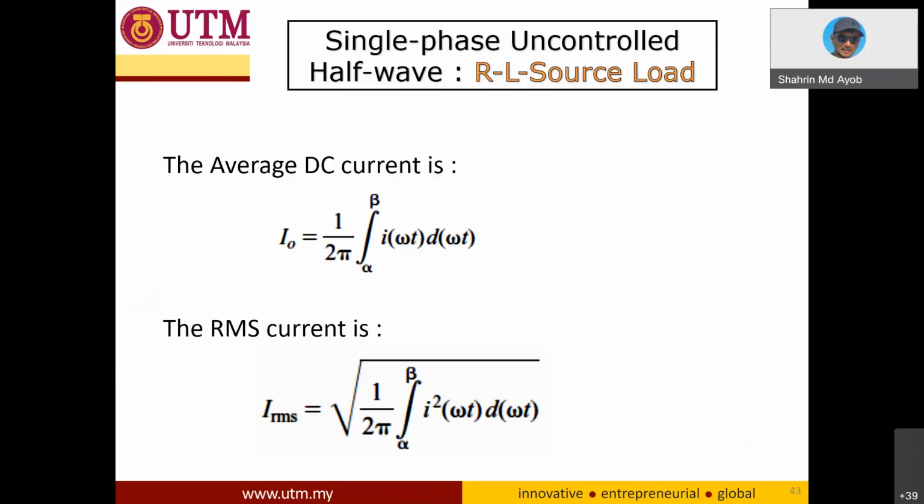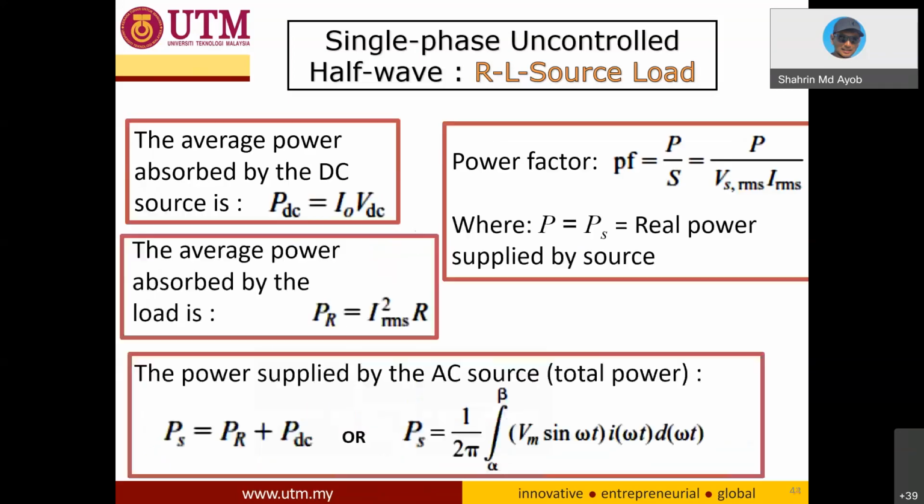Okay, and then this is the average current formula, and then the RMS current formula, and then the associated power calculation, which is the same, and also the power factor. So this power factor is general, so you need to use this power factor. As usual, when you want to calculate the power factor, always use this formula: P out over S source.